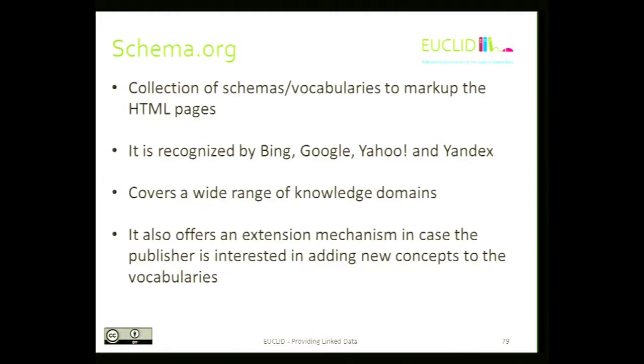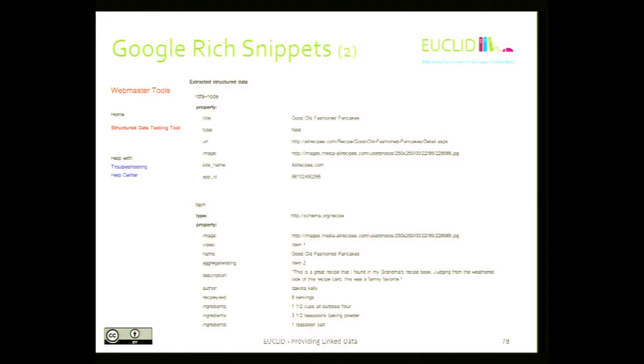Worth mentioning also, I don't have a picture for you, but Google Webmaster Analytics, if you register your whole site, so if you prove that you're the owner of a site, it will show across your whole site what structured data it's extracted, for instance, from RDFa.